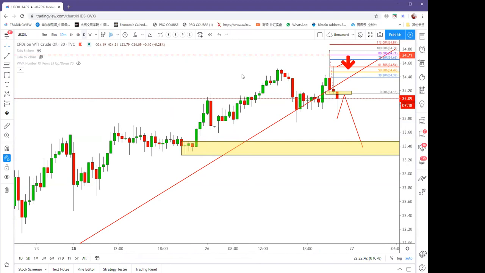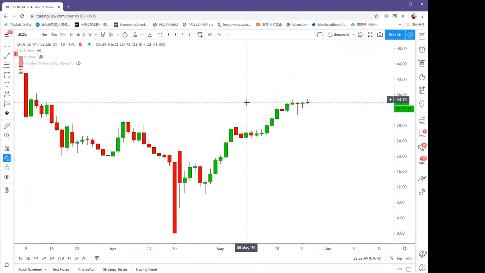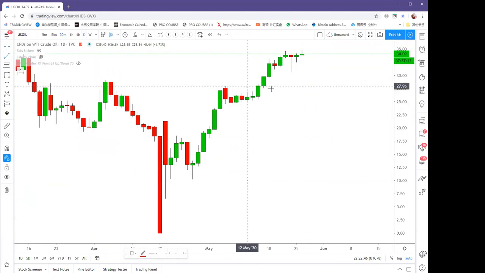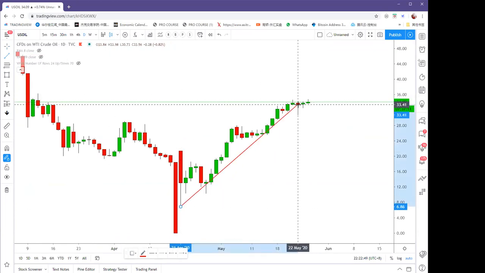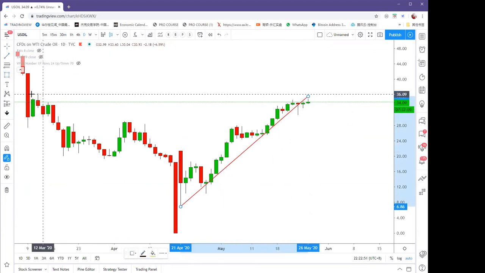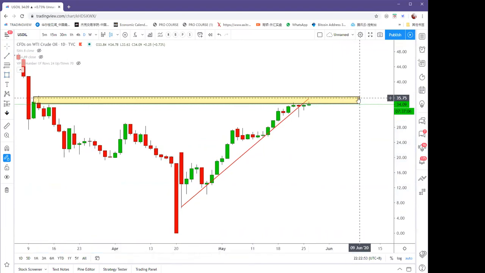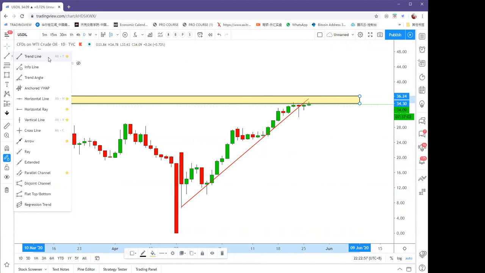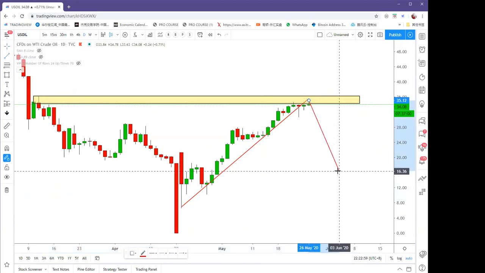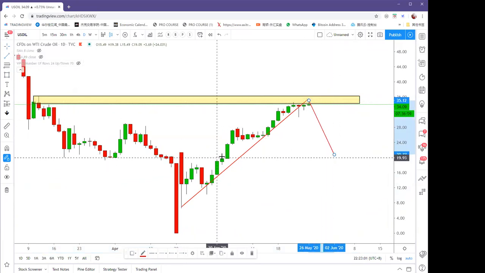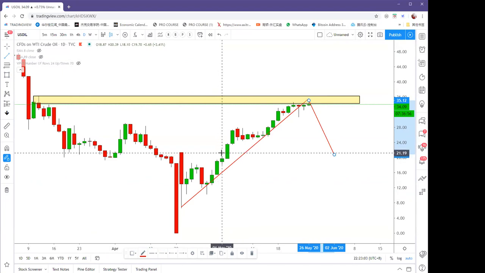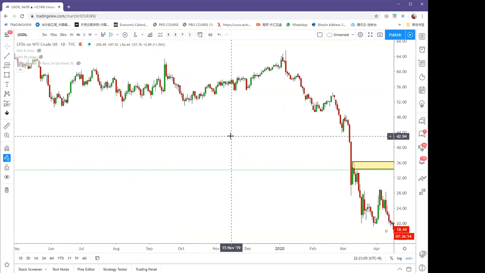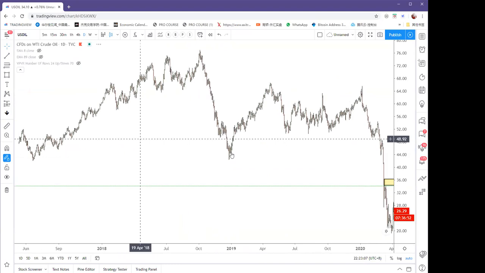So I want to highlight that the oil may have a major correction from here, if the price fails to go above 36. It may have a very major correction, maybe going back to the 20 or 21 level, because the same thing happened before.